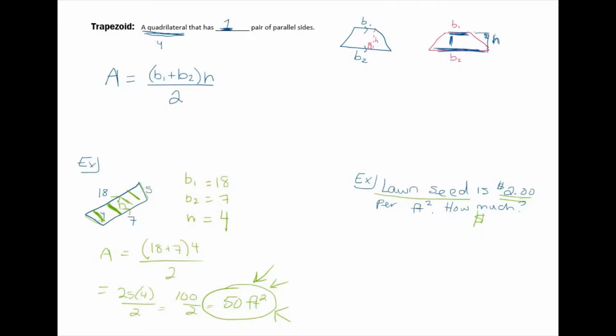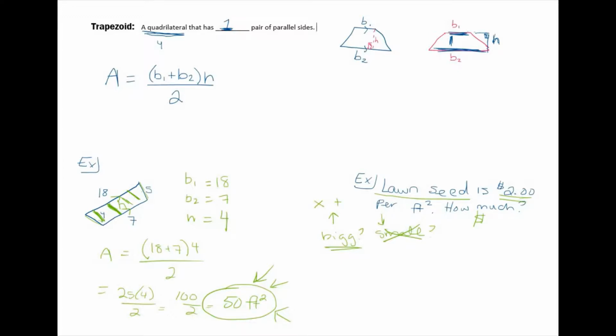Whenever you're evaluating something like this, you need to ask yourself, do I need a bigger number or do I need a smaller number? Do you think it costs more money the more seed I buy or less money the more seed I buy? If you said more money, then you are correct. And what operations give you larger numbers, multiplying or adding?